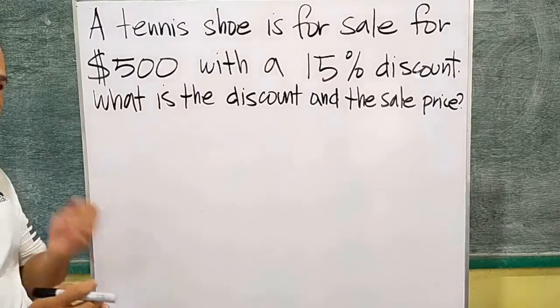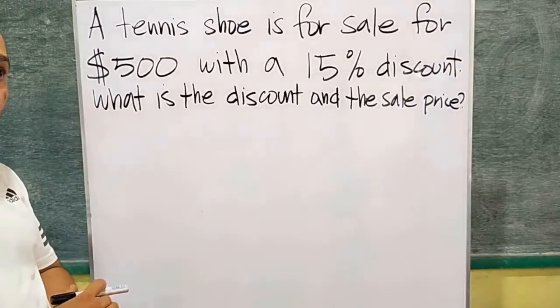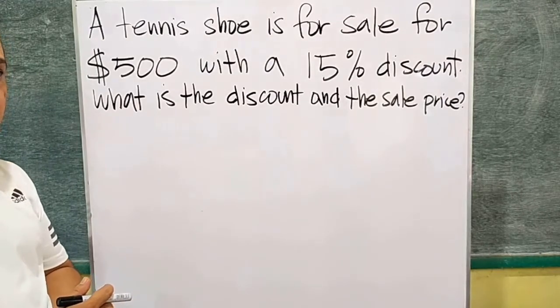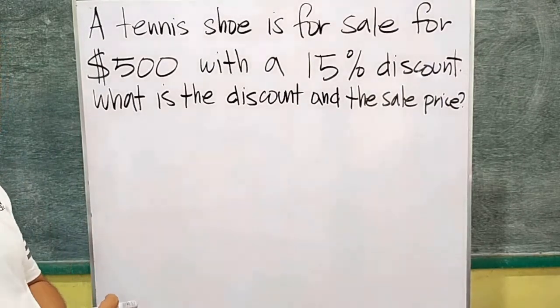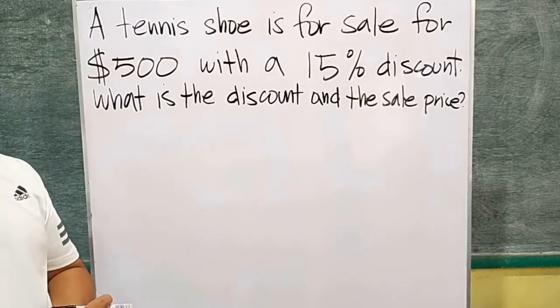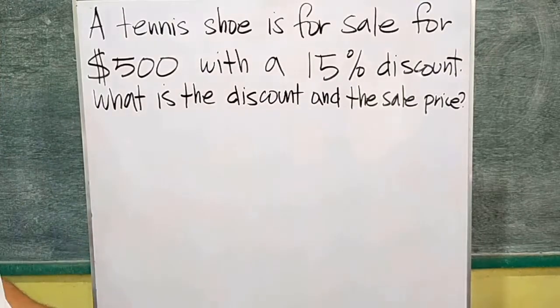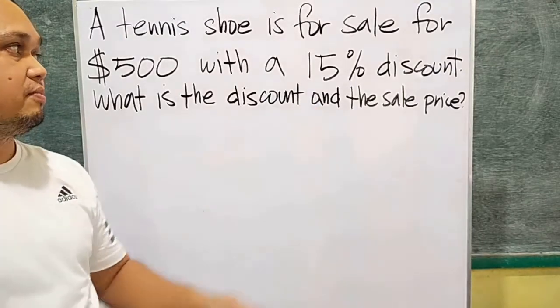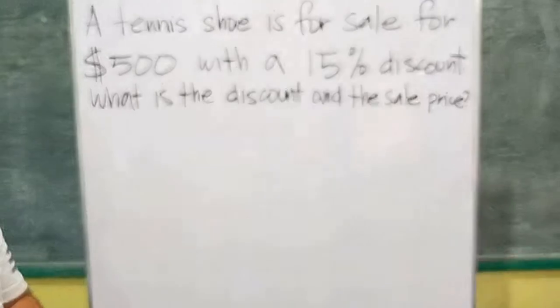That is $500. Now, it is discounted by how many percent? That's 15%. And we are looking for the discount. How much is the discount and how much is the sale price? Because 15% here is the discount rate.